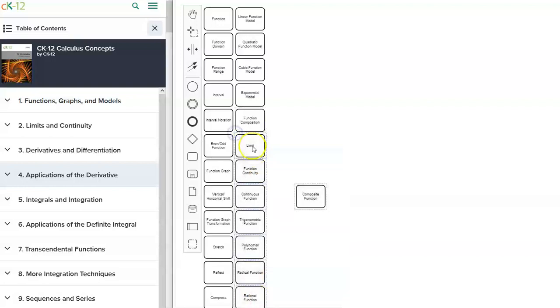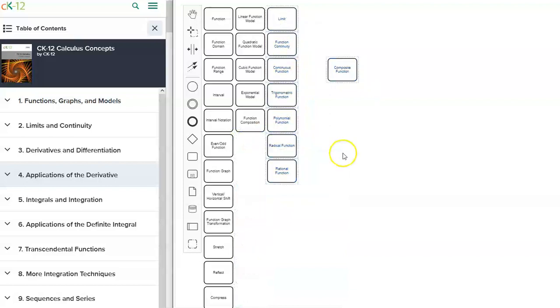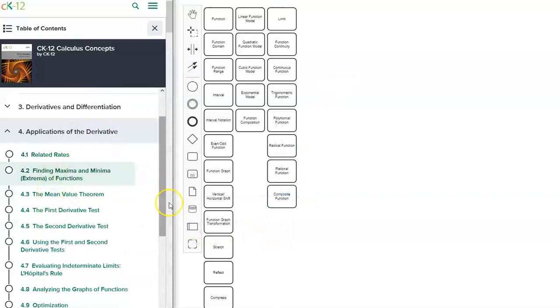The limit, very important concept in calculus. I'll just move that down here. There's no order to these. We can arrange as we like. Now the derivative. Alright, that's a good one. Derivative.